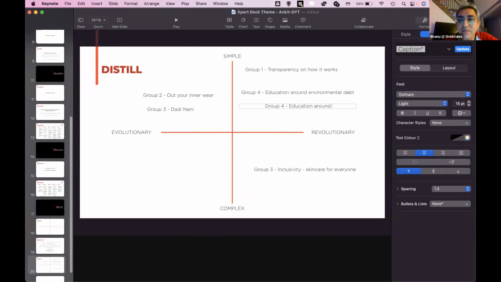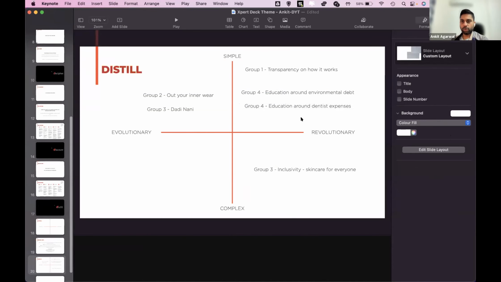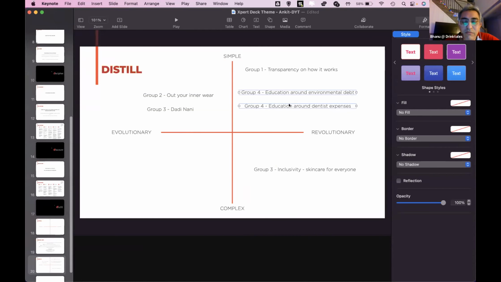Basically, prevention is better than cure, kind of stuff. That's what we brainstormed when we were discussing the product. And the campaigns that we discussed, one is related to conscious dental care of prevention. So that would be one of our campaigns.